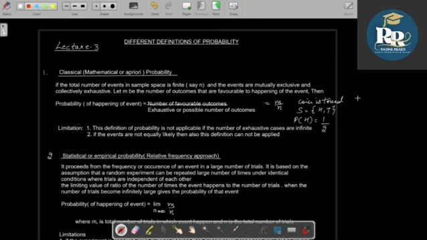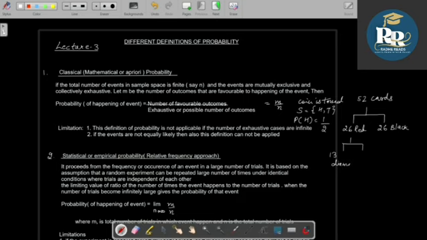Similarly, we have the example of picking a card from a pack of 52 cards. As you know, in the 52 cards, 26 cards are red and 26 cards are black.